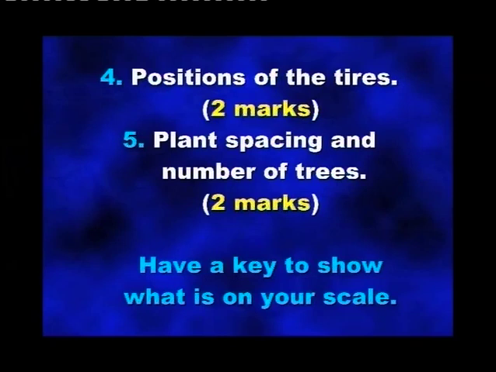Criteria 5. Plant spacing and number of trees. You have to show how many centimeters between each plant that you are positioning on the scale drawing, and also the number of trees.